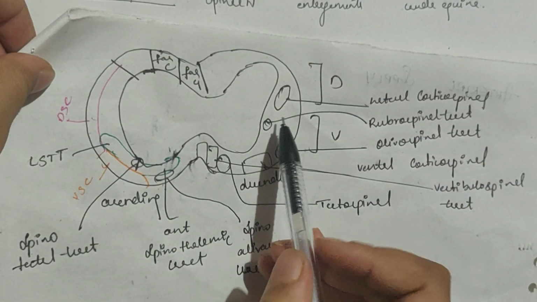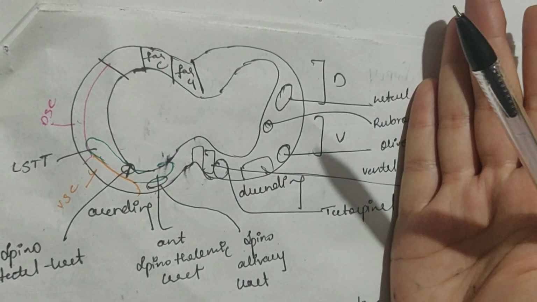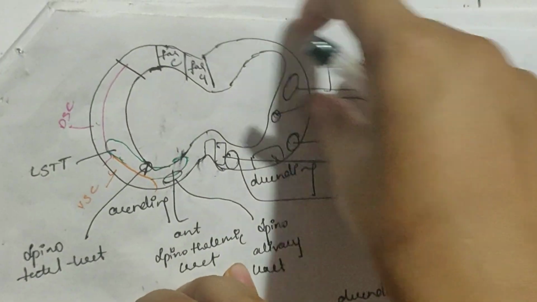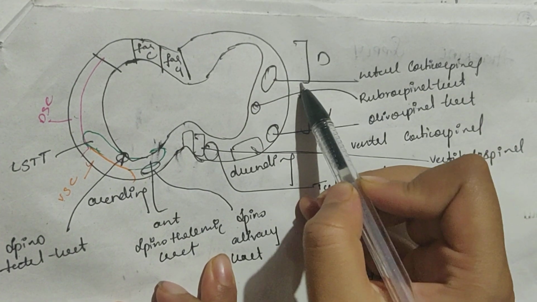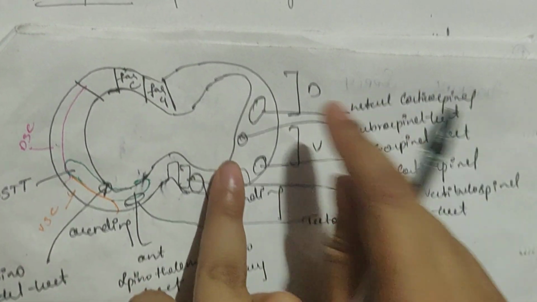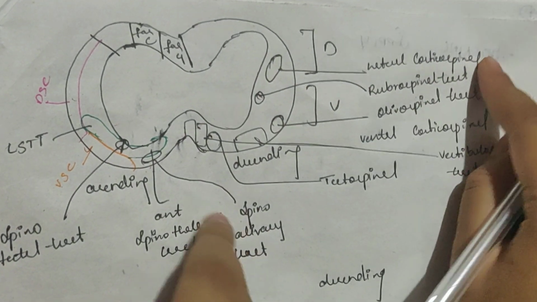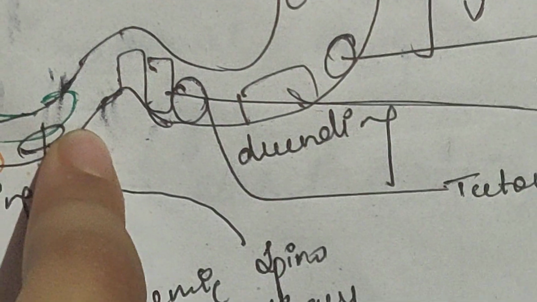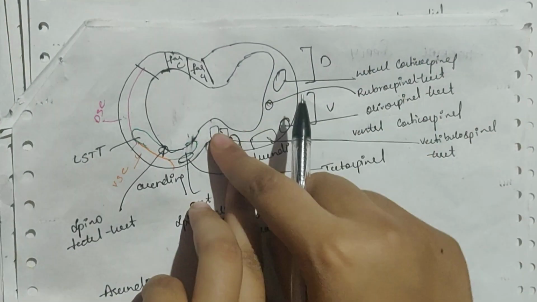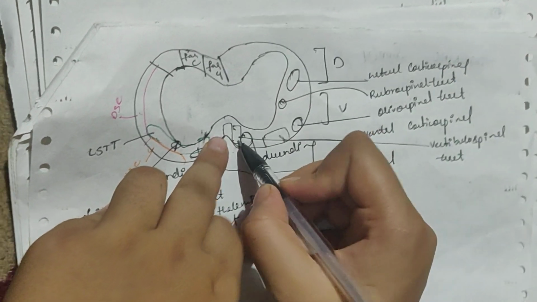Now we'll see the descending and the ascending tracts. This part will be representing the ascending, this part will be representing the descending, and as usual, the upper part is dorsal, lower part is ventral. In the dorsal part we have the lateral corticospinal tract, and in the ventral part we have the ventral corticospinal tract.